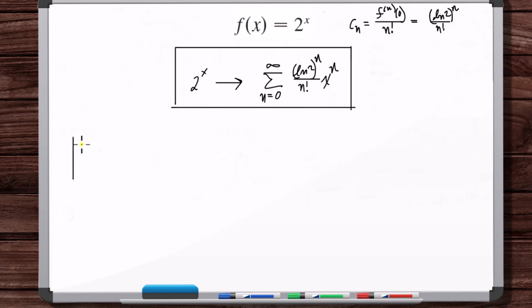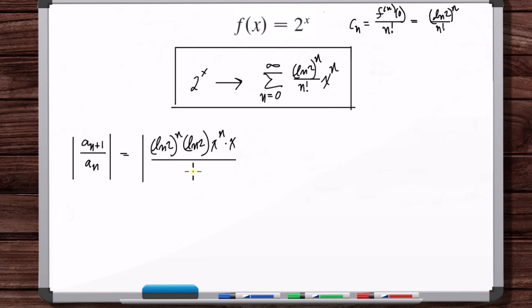Okay, let's get the radius of convergence. Natural log of 2 to the n plus 1 is natural log of 2 to the n, natural log of 2 over, or no, times x to the n plus 1, over n plus 1 factorial. Let's go ahead and write it like this.